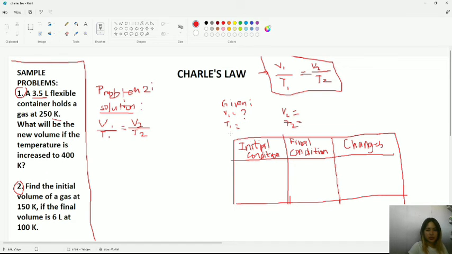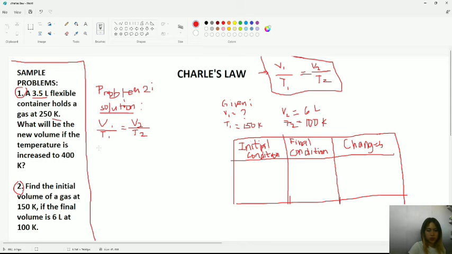The initial temperature is 150 Kelvin. The final volume is 6 liters, and the final temperature is 100 Kelvin. Let's substitute these given values into the formula of Charles' law.